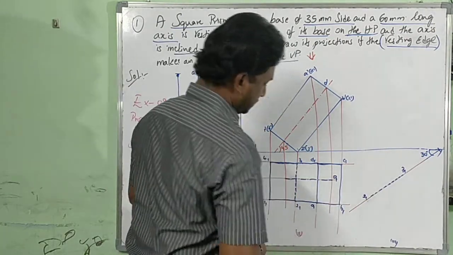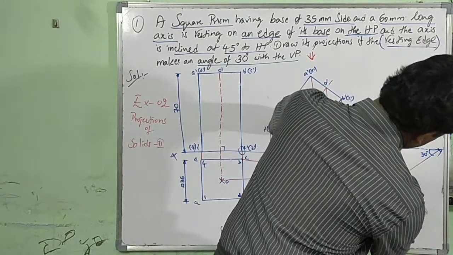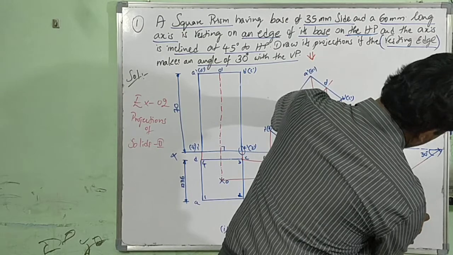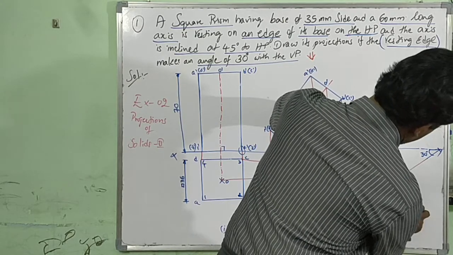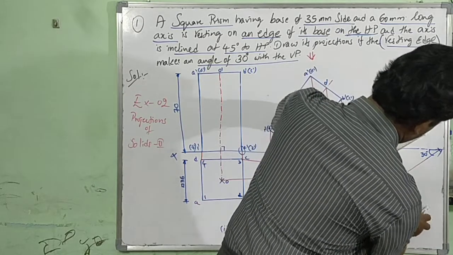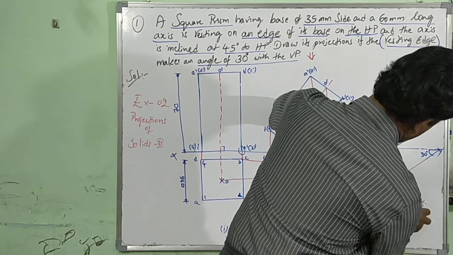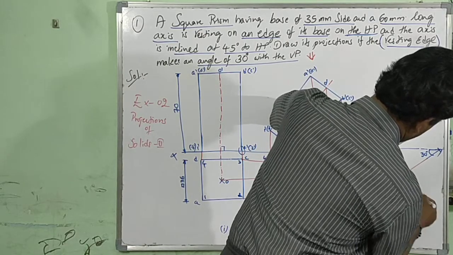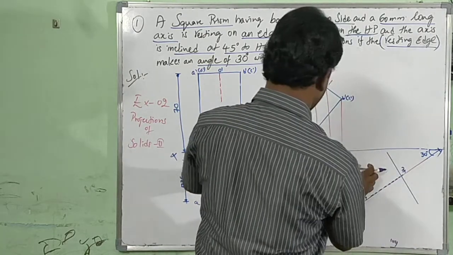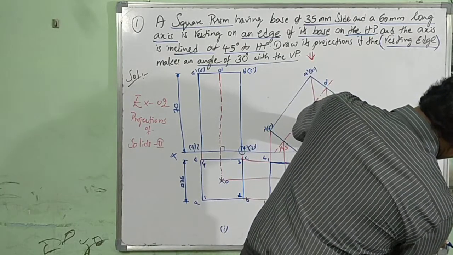With respect to this, try to draw perpendicular lines. With respect to 3, try to draw perpendicular lines.